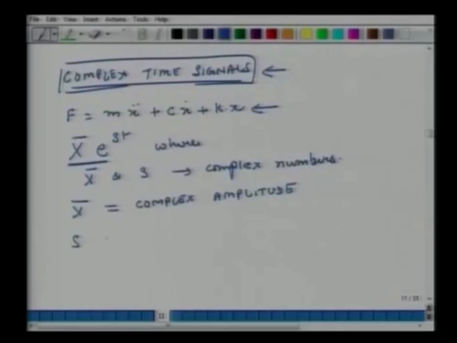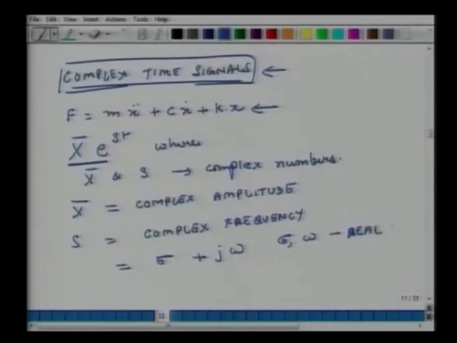Also s is called complex frequency, and this can be decomposed further as sigma plus j omega, where sigma and omega are real.